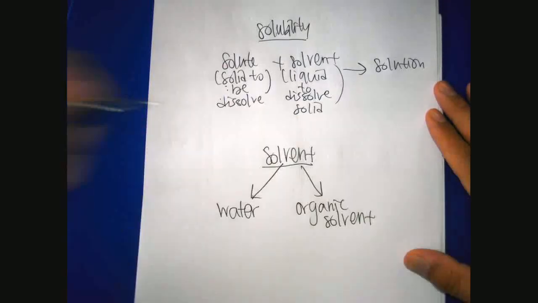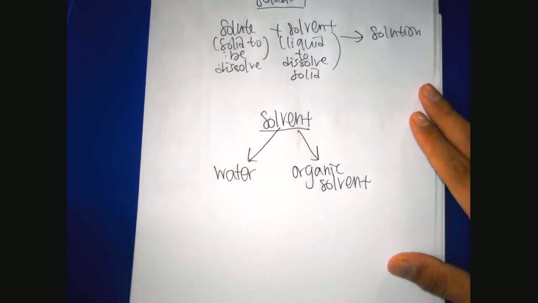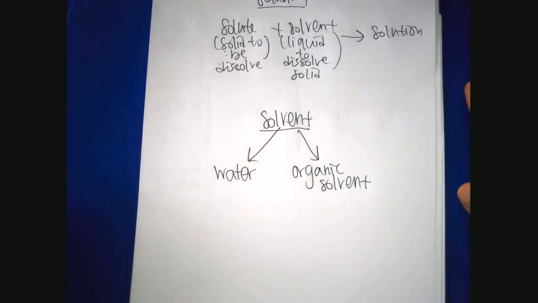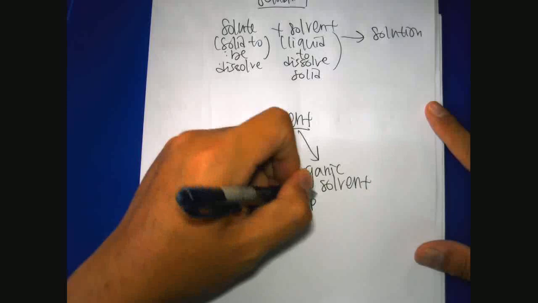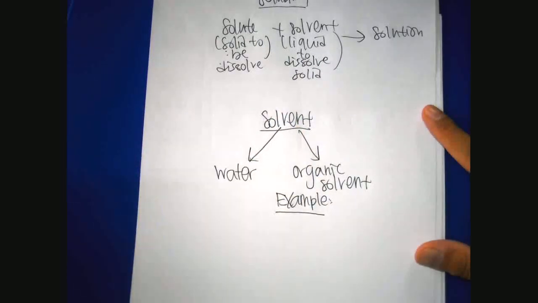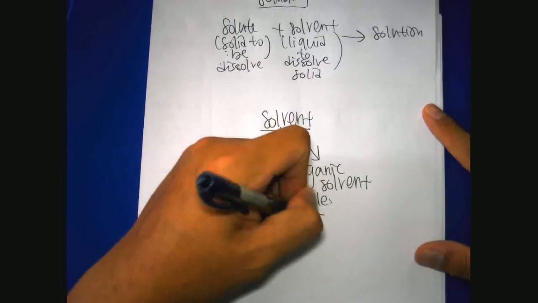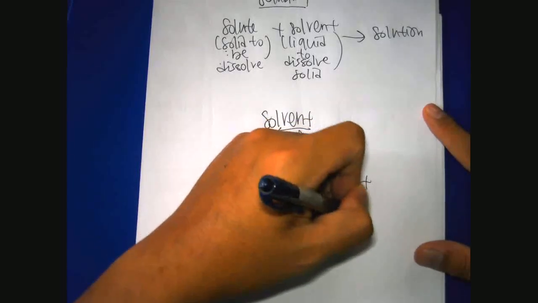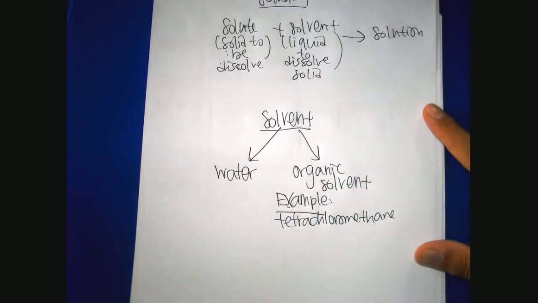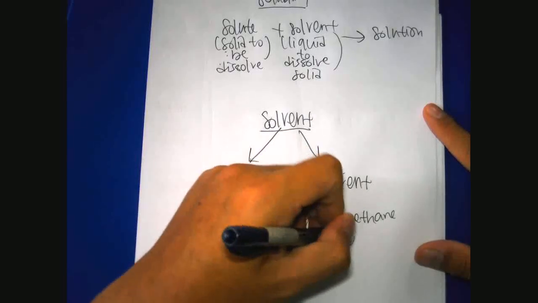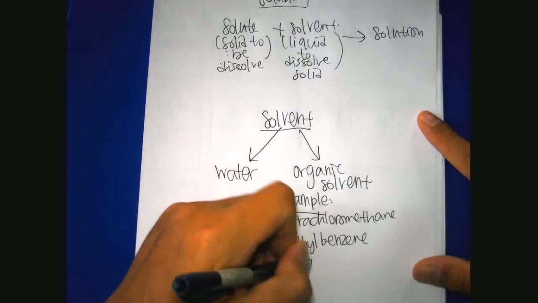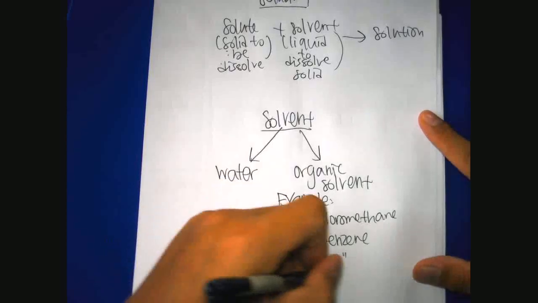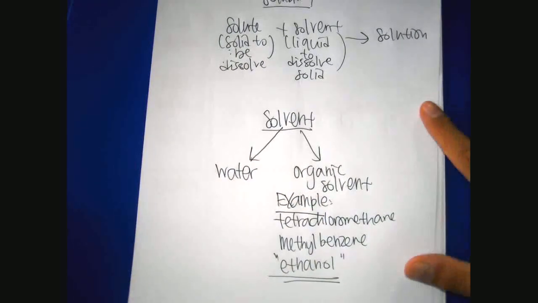Organic solvents are special solvents that can dissolve some things that water couldn't. Normally the organic solvent will have quite long and weird names. For example, we have tetrachloromethane, and we might have benzene, which you don't need to memorize. For Form 4, one of the simplest organic solvents that you can remember is ethanol. This is one of the simplest organic solvents that you should know.